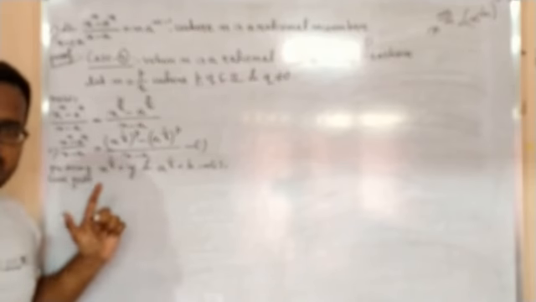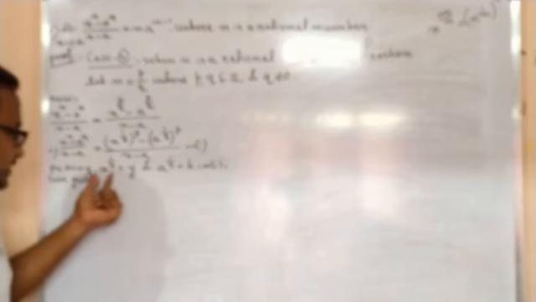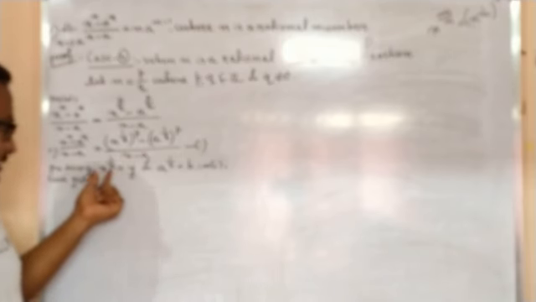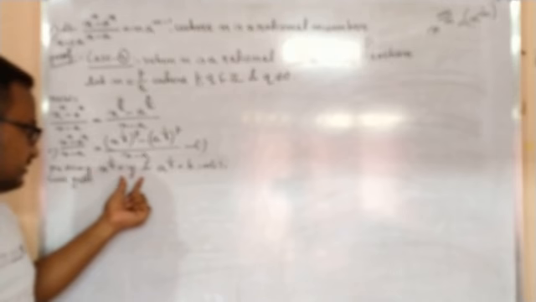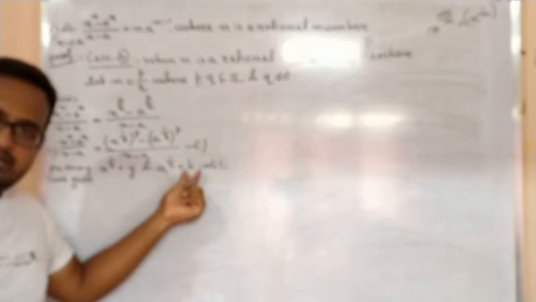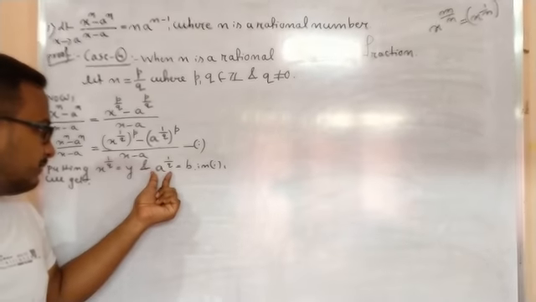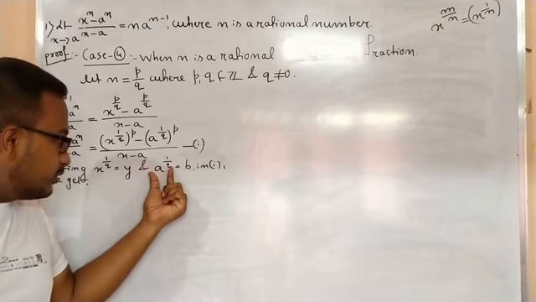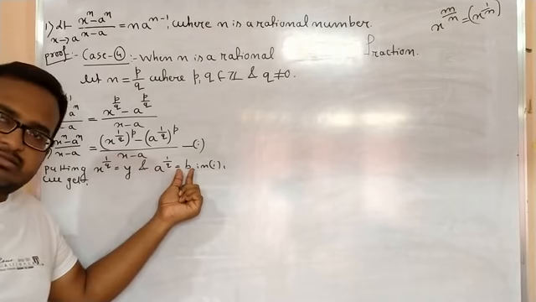I can rename like that, I can put anything, because this is a number. Suppose after calculating you will get this, and again this is a number, so after calculating this you will get this. So suppose the value of this number is this.